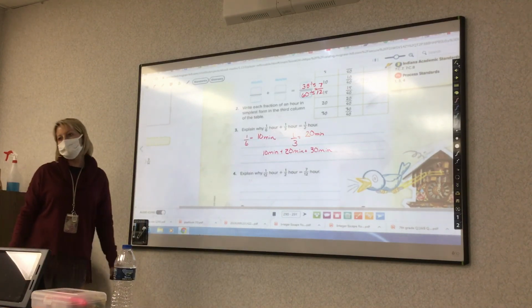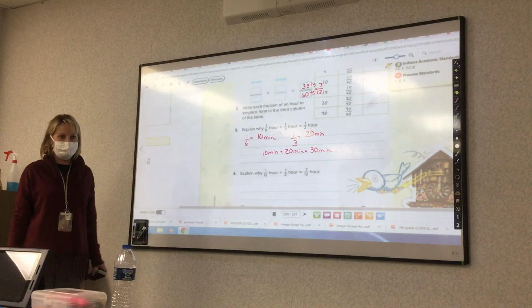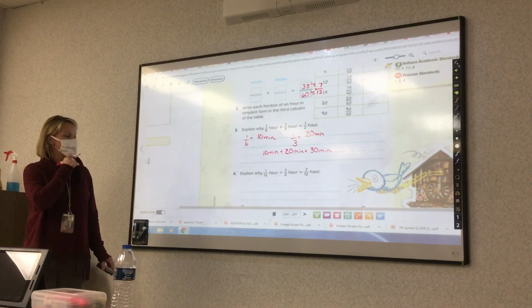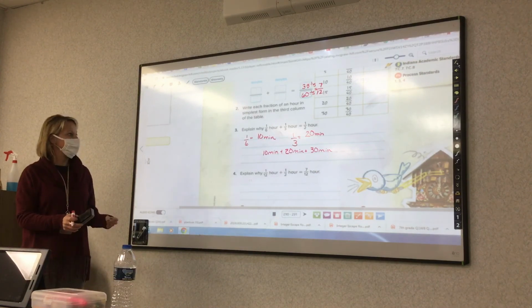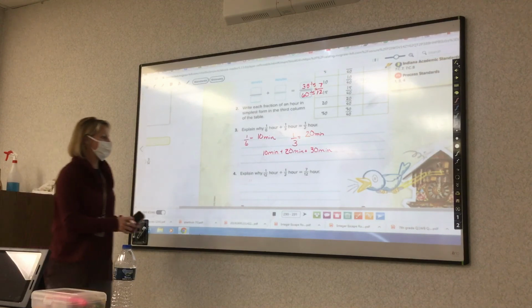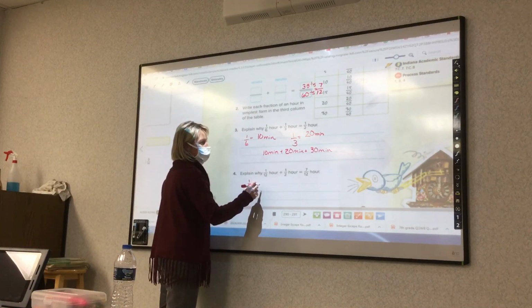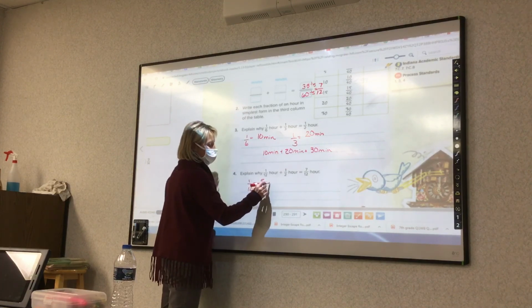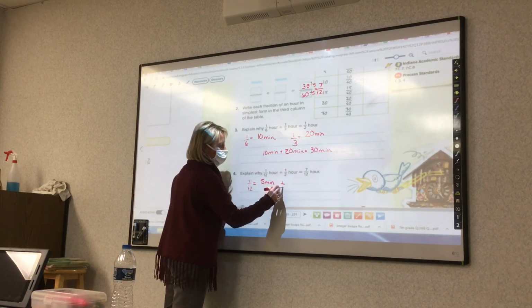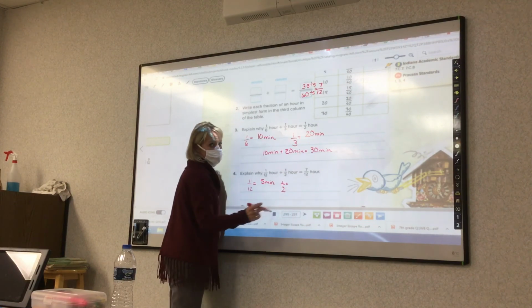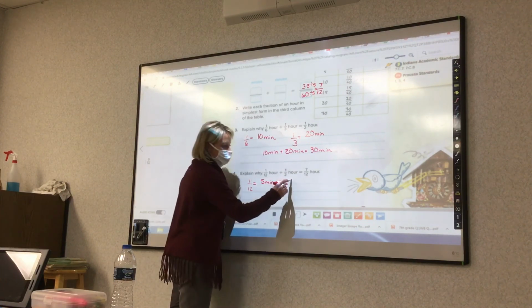And they have all those lines, and we're just going to explain it with our numbers. Explain why 1/12 of an hour plus 1/2 of an hour equals 7/12 of an hour. Well, 1/12 is how many minutes? 5 minutes. 1/2 of an hour is how many minutes? You guys should know that. 30. A half an hour is 30 minutes.